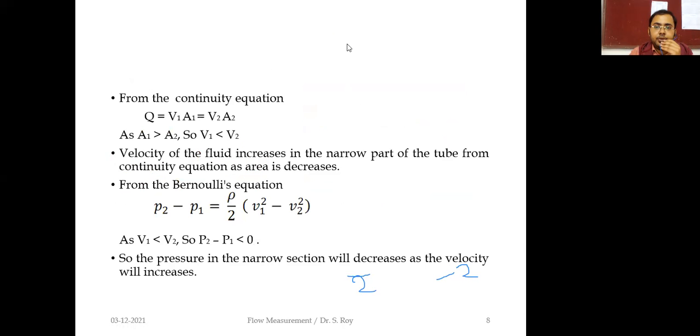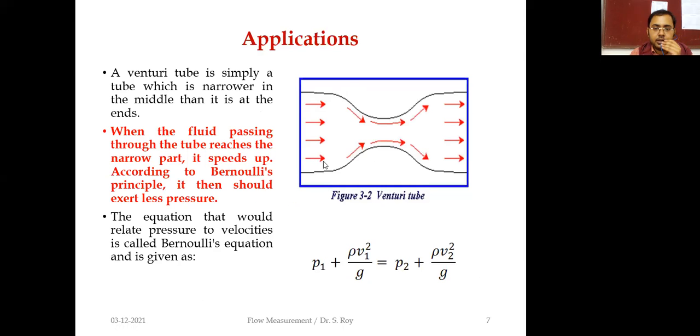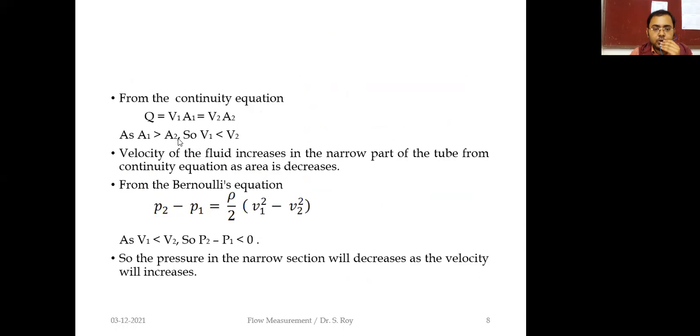Okay. So now, I already discussed that from the continuity equation we have V1 A1 equals V2 A2. Now, as A1 is greater than A2, where A1 is point number 1, that means this point is A1 and this point is A2. So A1 is definitely higher than A2, so definitely V1 is less than V2.